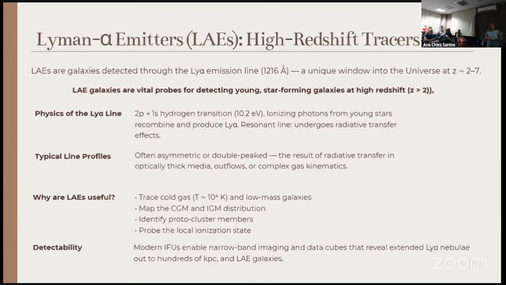Lyman-α emitter galaxies are vital probes for detecting young and star-forming galaxies at high redshifts. Typically, the line profile of Lyman-α is asymmetric or double peaked, a result of radiative transfer in the optically thick media, probably outflow or complex kinematics.